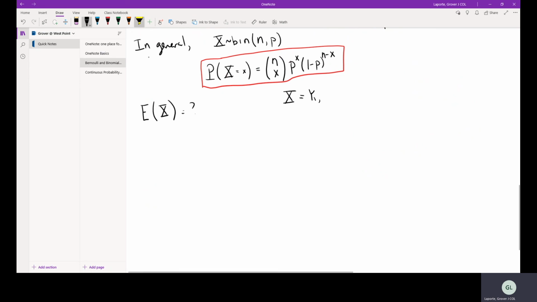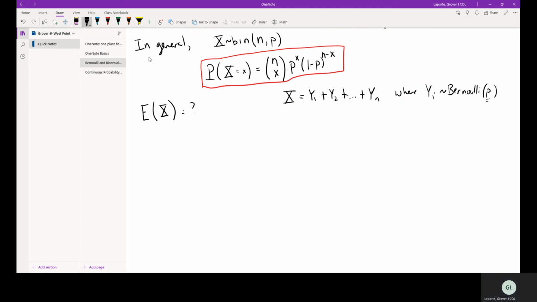Y1 plus Y2 plus all the way till we get to N, where Y sub I is a Bernoulli with a probability of success of P.